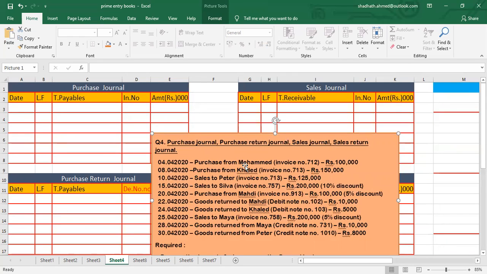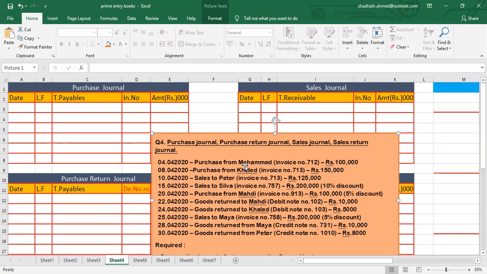They don't want to tell us directly purchase from Muhammad on credit. They can just say purchase from Muhammad. The name indicates to us it's a credit purchase.